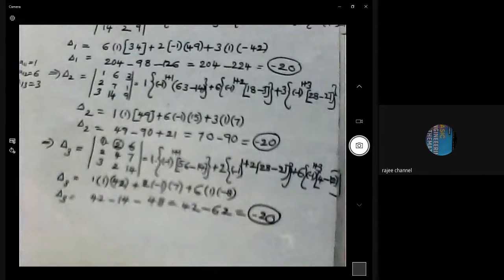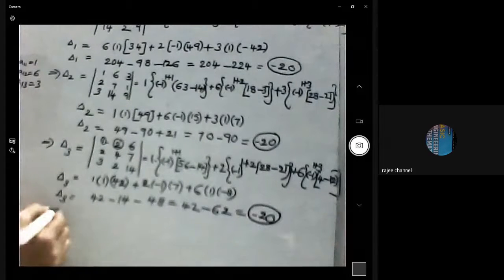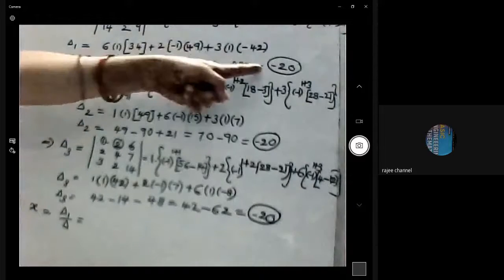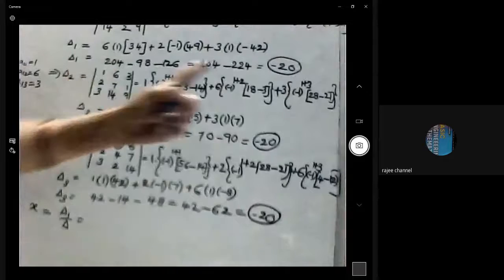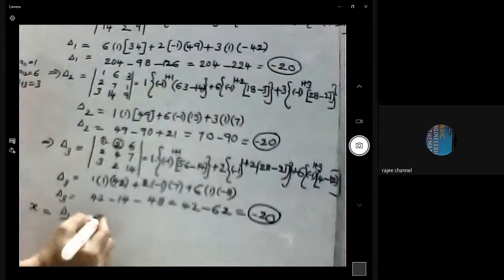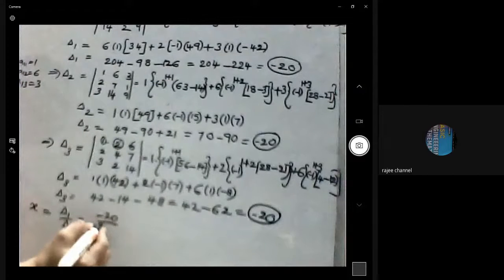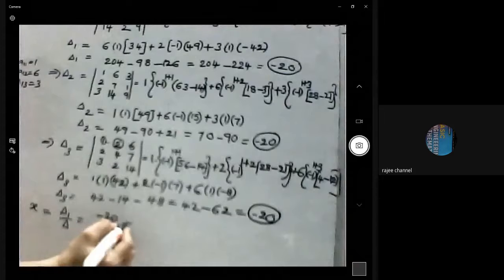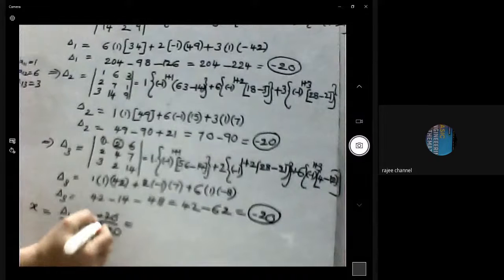Now we can find x, y, z values. So x equal small x, formula delta 1 by delta. Delta 1 value is equal to minus 20, delta value is also minus 20. So minus cancel, 20 cancel, we get plus 1.